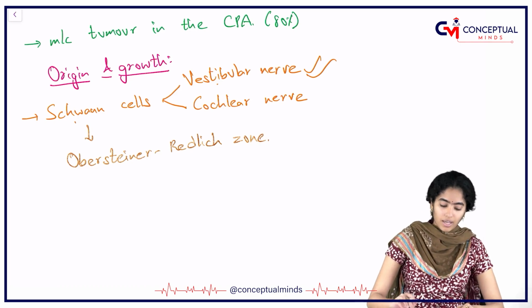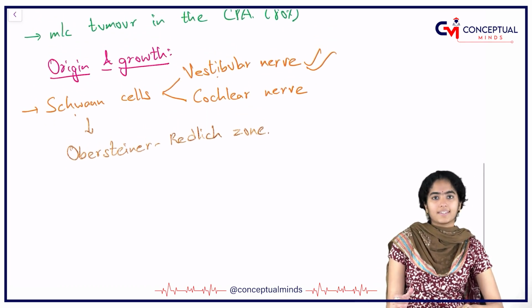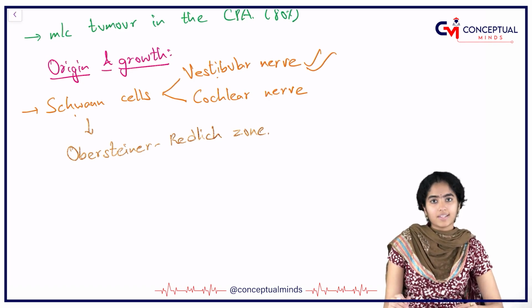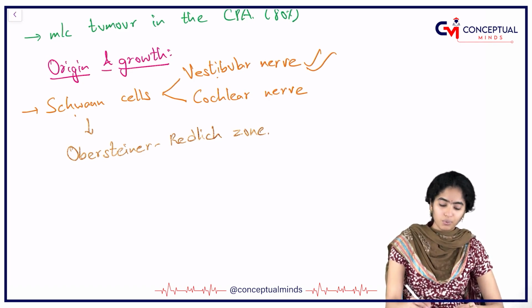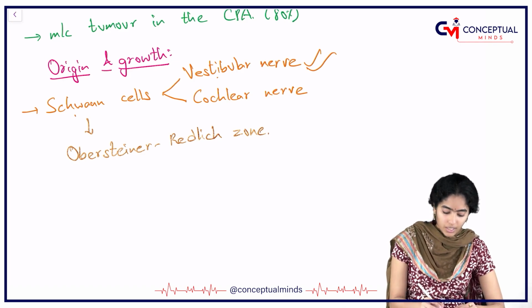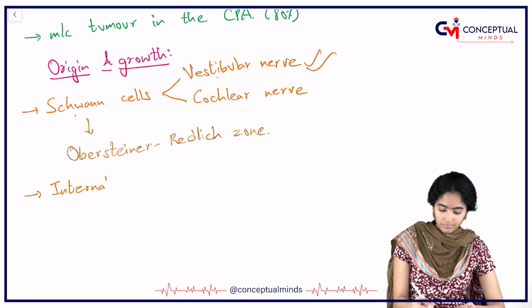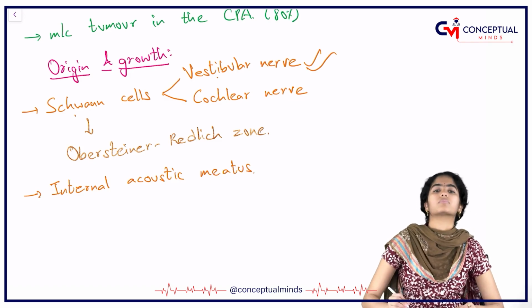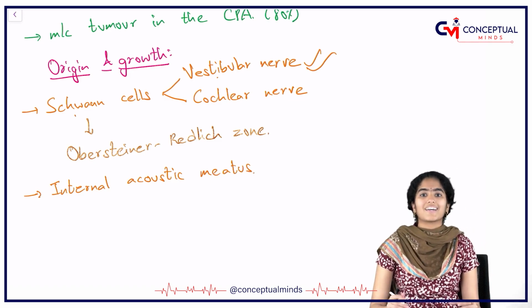Okay? And Schwann cells in the nerve is present all through. From which part does this arise specifically if somebody asks you? It arises in the internal acoustic meatus. Is this clear?